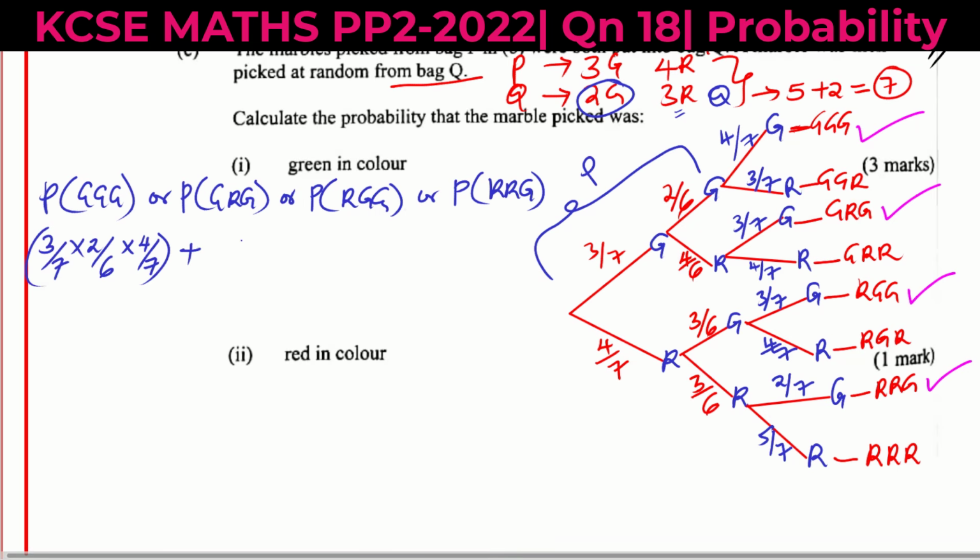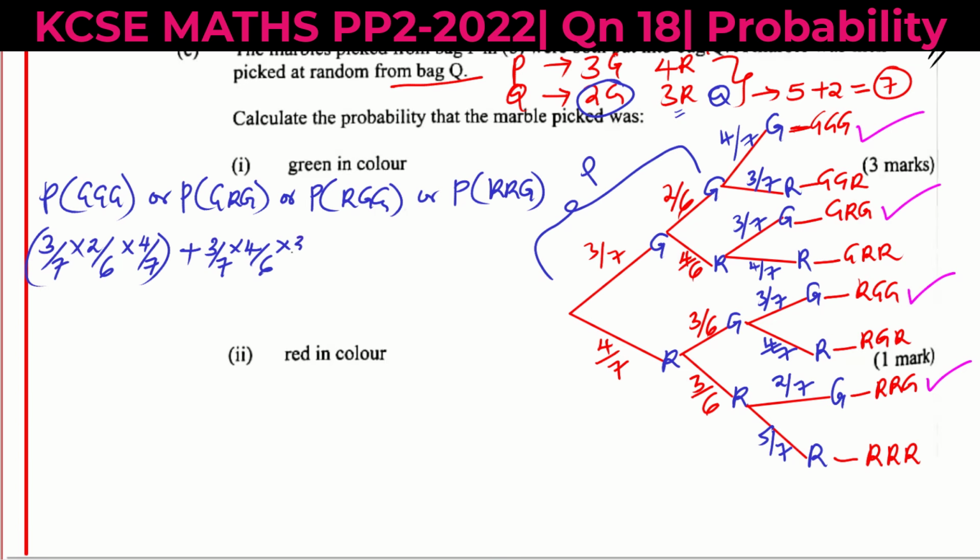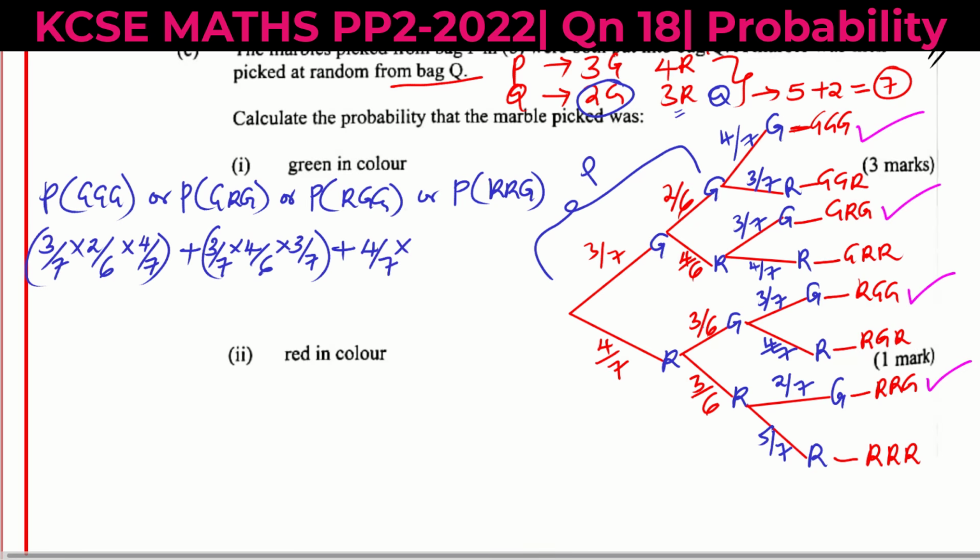Then plus the other one is 3/7, that is green, red, green, 4/6 times 3/7. Then plus red, green, green. We have 4/7 times 3/6 times 3/7.